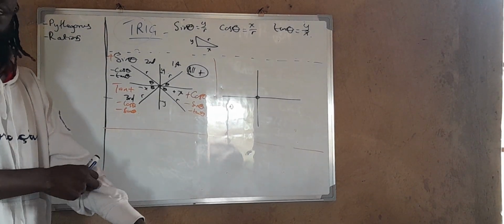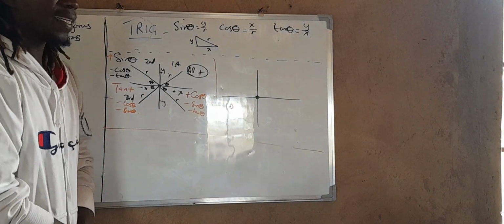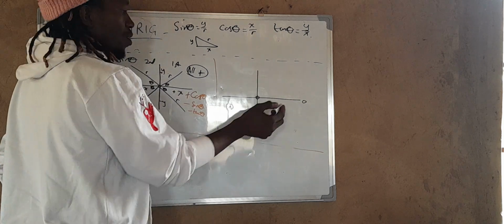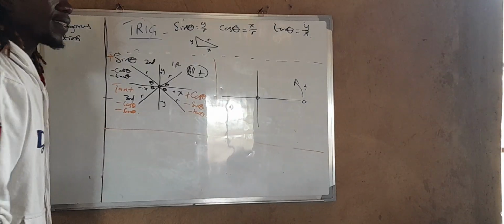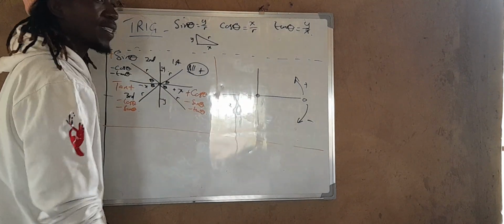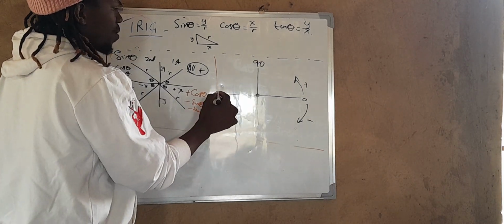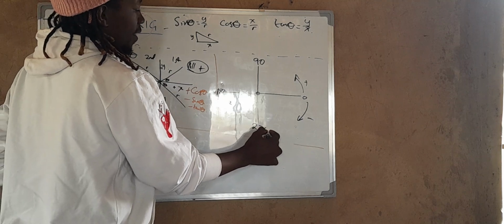So it means that anti-clockwise is positive and clockwise is negative, right? So this is our 0 line. When we're counting like this, we're adding, and going like this, we're subtracting, right? So here it is our 90, here it is our 180, and then it comes back to 360, right?